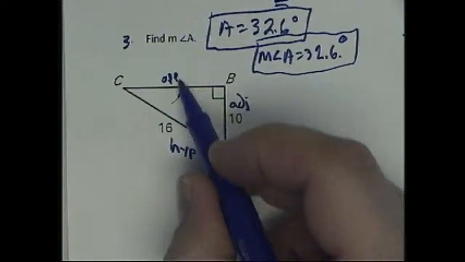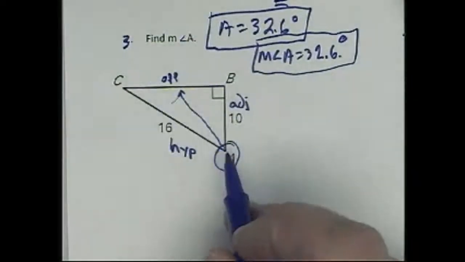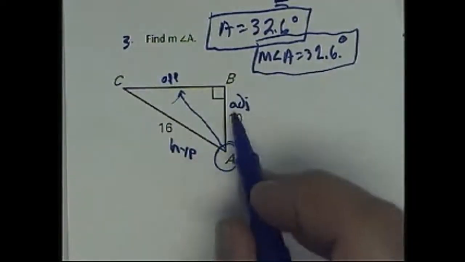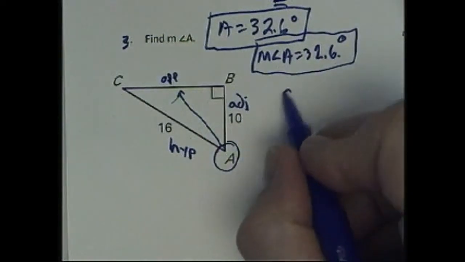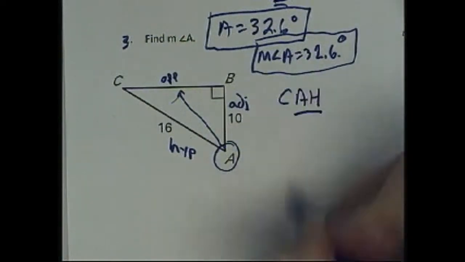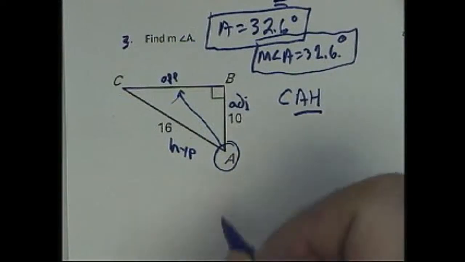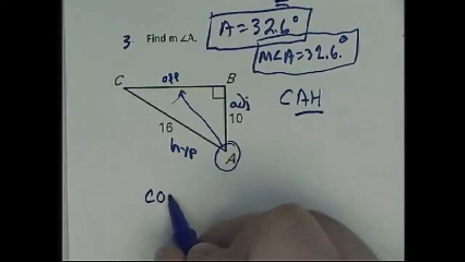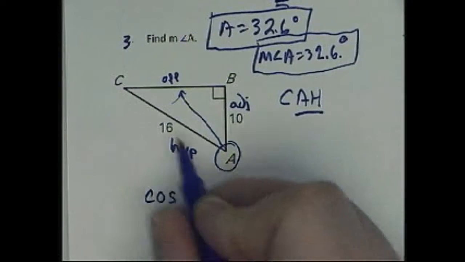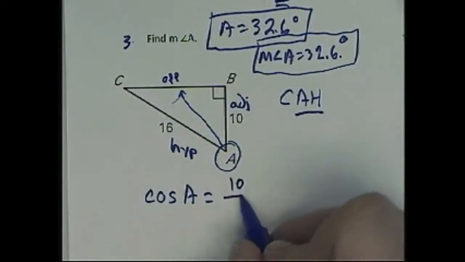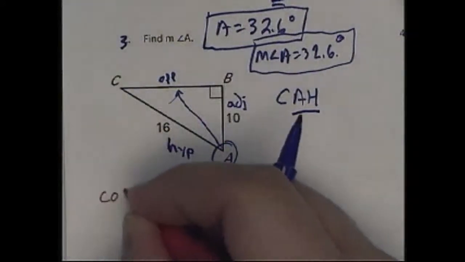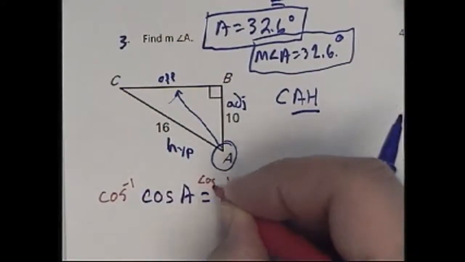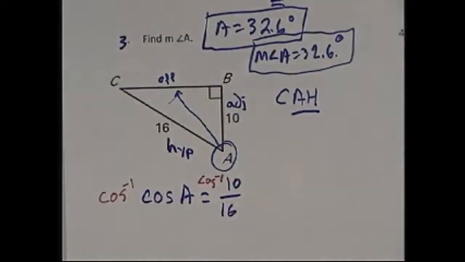Opposite to us is not useful right now because we're looking for an angle measure. So we need to use the two we know. That's AH. That's going to be cosine. So CAH, the cosine of angle A is equal to adjacent over hypotenuse. We are going to use an inverse, this time the cosine inverse, to undo that cosine.